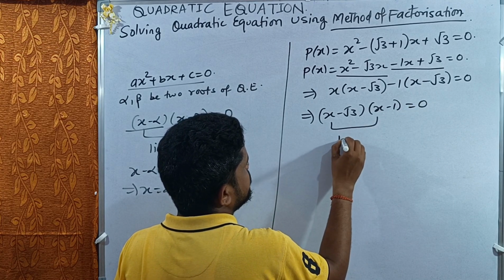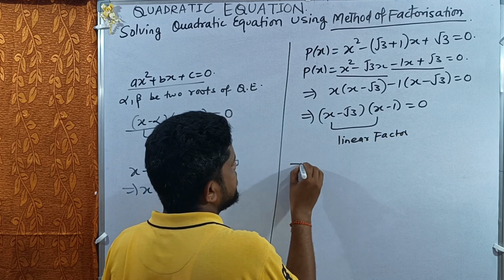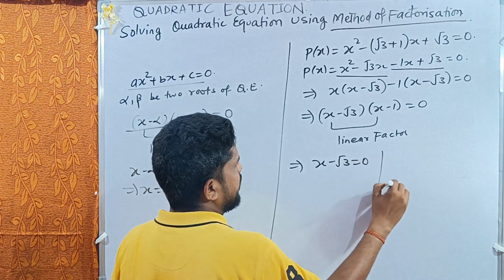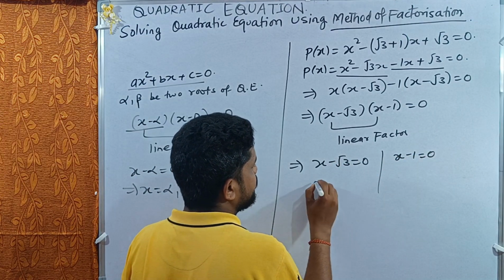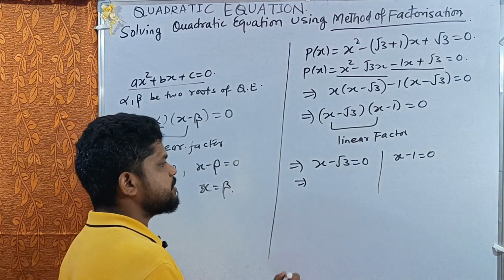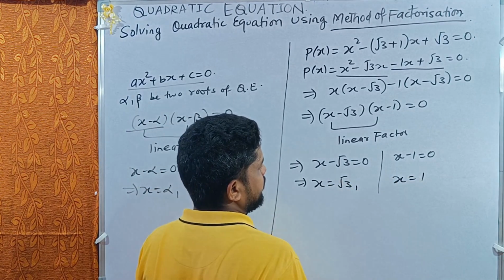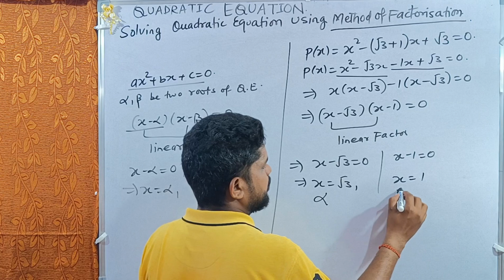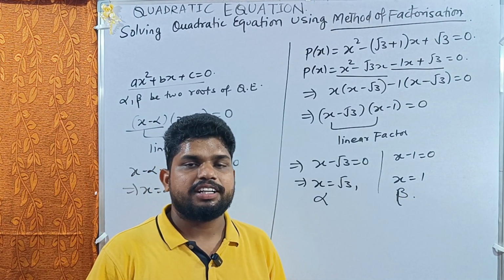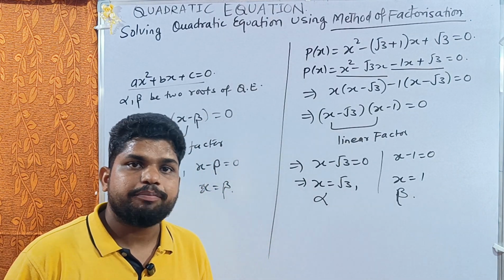This is called the linear factors. Now equating these linear factors to 0, that is x minus root 3 equals 0 and x minus 1 equals 0, we get the value of x equals root 3 and the value of x equals 1, and this is the value of alpha and this is the value of beta. So this is called the method of factorization. Let us take one more example so that you understand it better.